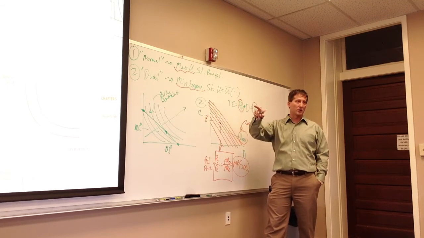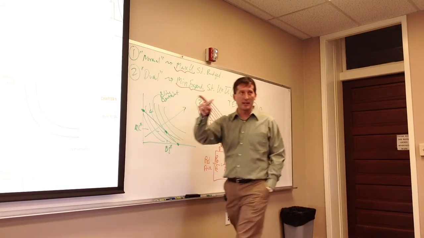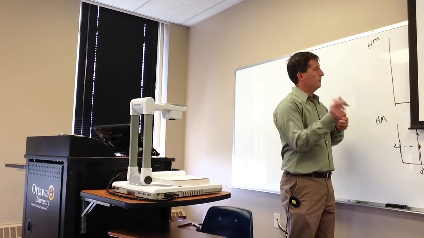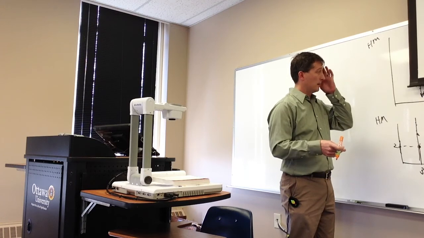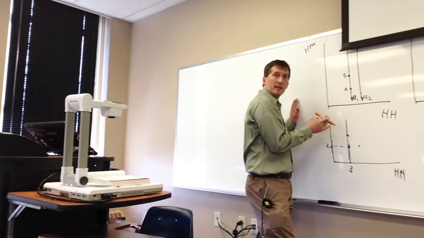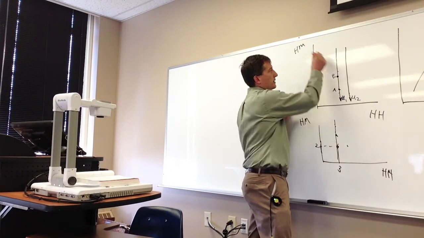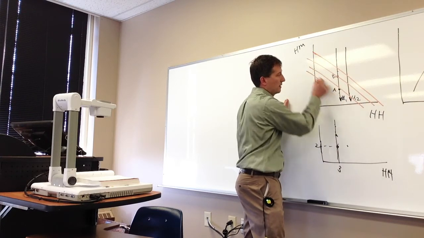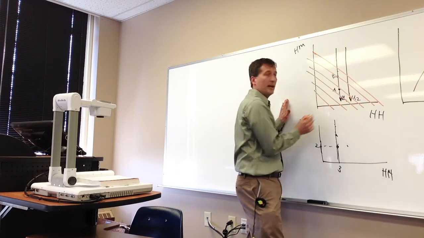We have corner solutions that come up with the indifference curves that we were doing earlier. If your indifference map looks like this, and you want to minimize expenditure, how many are you going to buy?